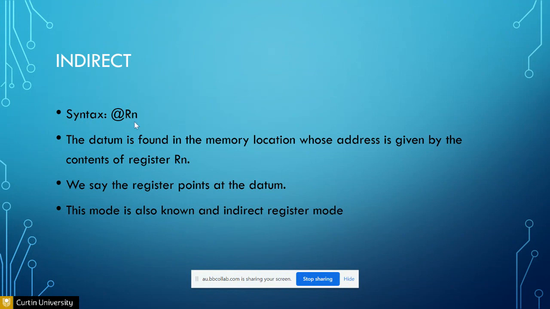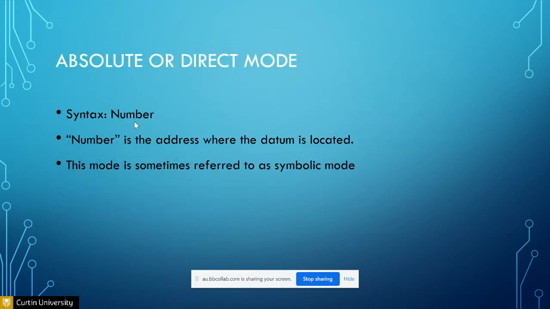Let's say Rn is 1116H: move alias Rn, comma R9. The value will be stored in whatever address is inside Rn. So the content of Rn is treated as an address. This is different from direct.